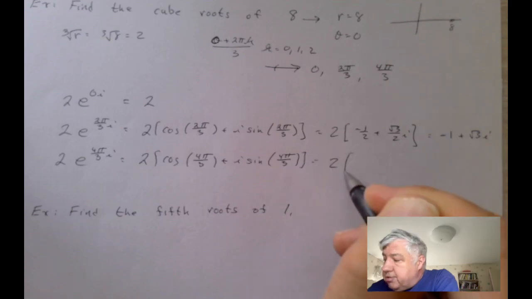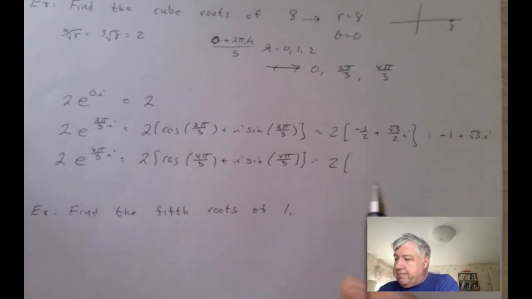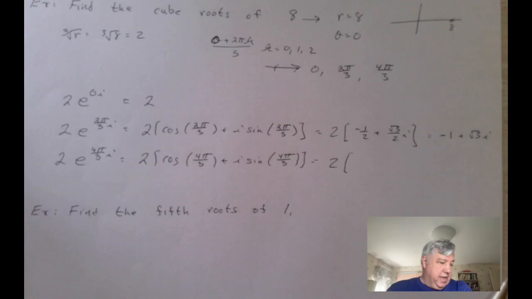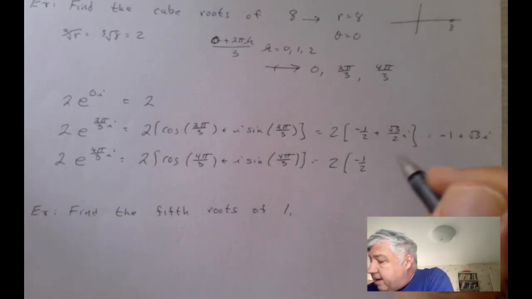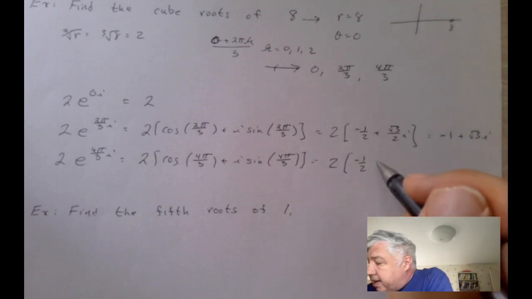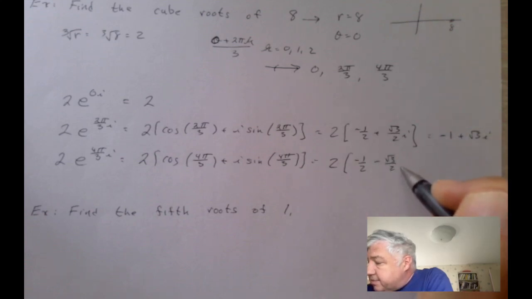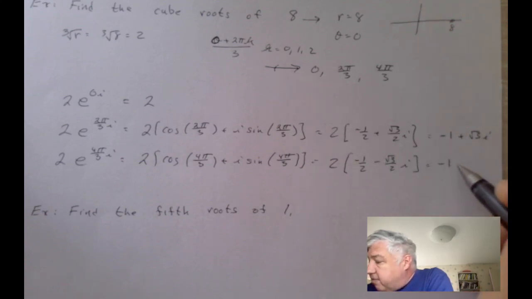So this is 2 times, this will still be negative 1/2, but now this will be minus square root 3 over 2 i. So this will be negative 1 minus square root 3 i.